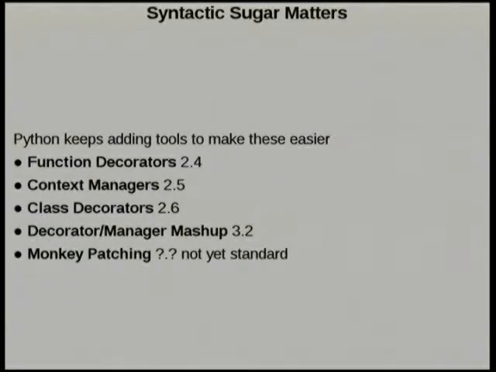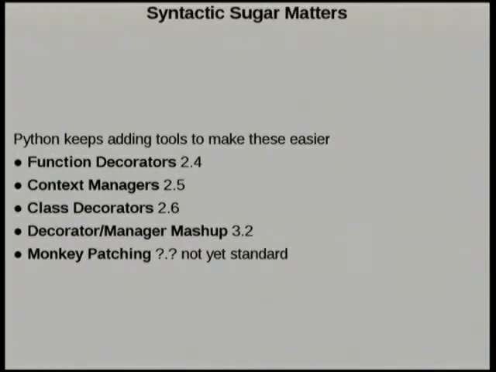Syntactic sugar. So like I said, that PEP quote was from Python 2.3. In more recent versions of Python, we've gotten some extra tools that help us manipulate and think about these things. But there's nothing new in Python that you couldn't do in Python 2.3 when that was written. All the things since then just make doing those things easier.